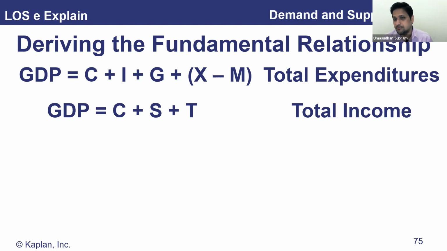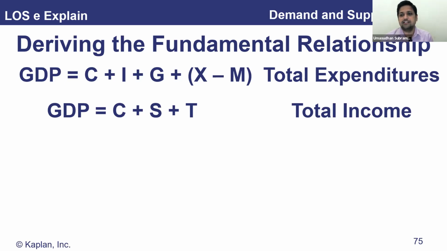And in the income approach, we take the national income, add your capital consumption allowance and any statistical discrepancies. That becomes your GDP in the income approach. But technically, you should know both of them should be equal to each other.